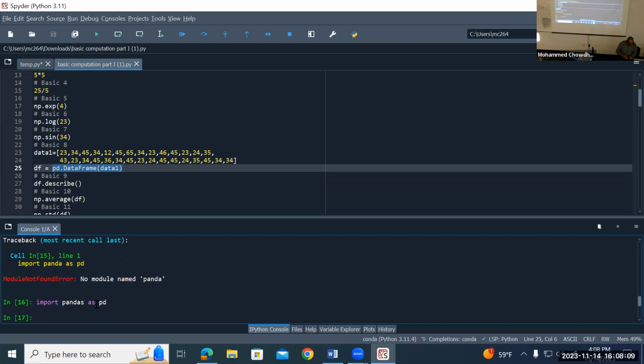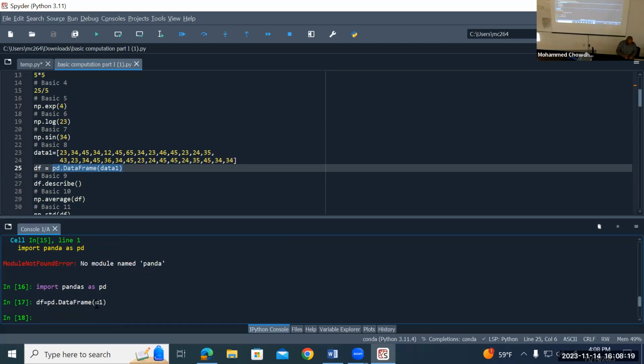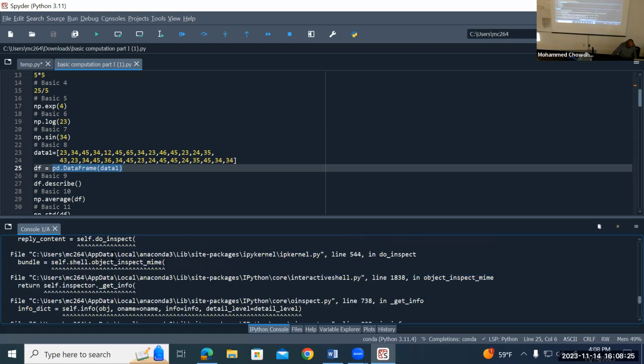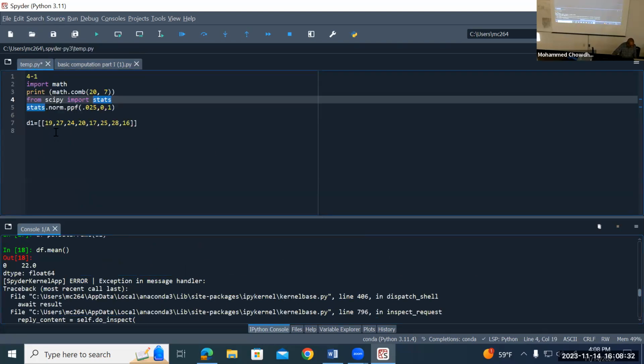Then I have to write df equal to pd dot DataFrame, and then I want to just write d1 and then df dot mean. Hopefully it will work. Is it working? 22, the mean I have found. Okay, I have found mean equal to 22.